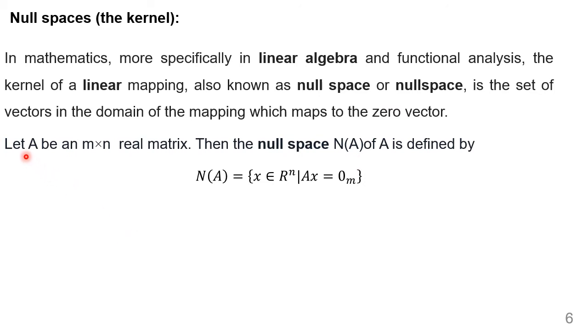Let us consider A to be an m cross n real matrix. Then the null space of A is defined as all values of x belonging to n-dimensional space, that is x1, x2, x3, and so on up to xn, such that Ax is always equal to 0.